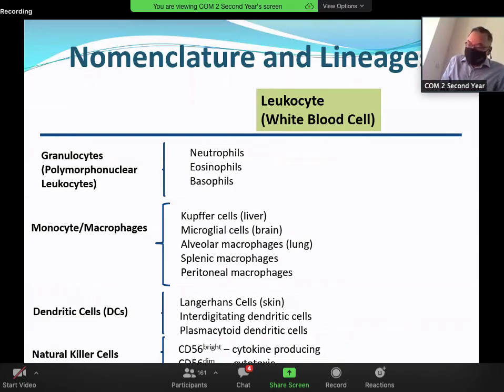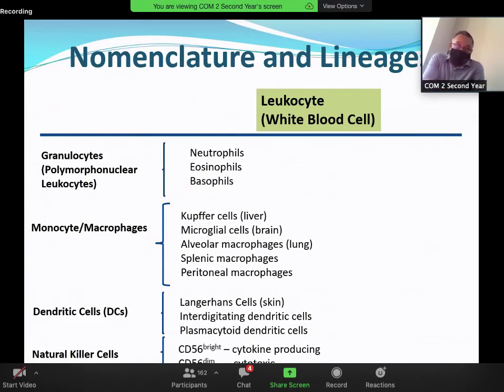The next group of cells are probably the most important for communicating with the adaptive immune system. And these are dendritic cells. Their function is very similar to macrophages, but their specialized function is to present antigen to T cells, which you'll learn about in a later lecture.